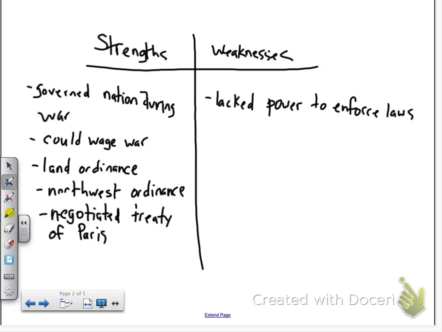Alright. What else was a weakness, Leah? Good. Paige? Lacked power to regulate trade among the states.